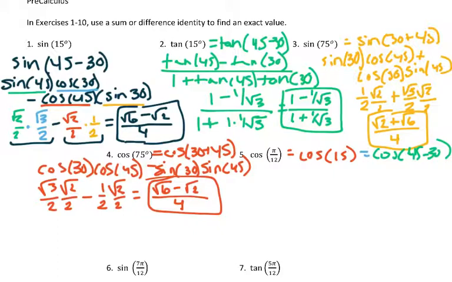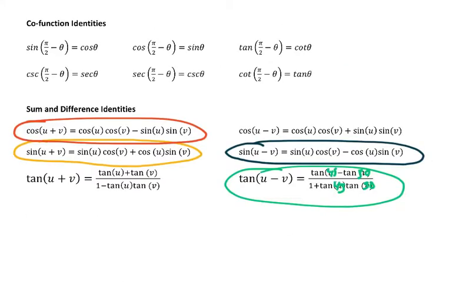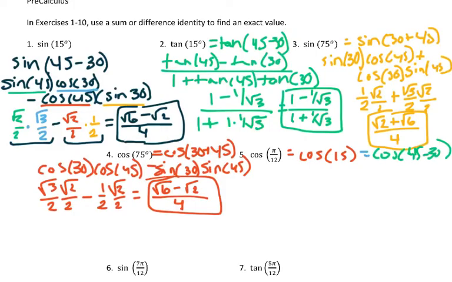Alright, so moving on to cosine that is subtracting, so that's this one here, means that we will have cosine of 45 times cosine of 30 plus sine of 45 times sine of 30.